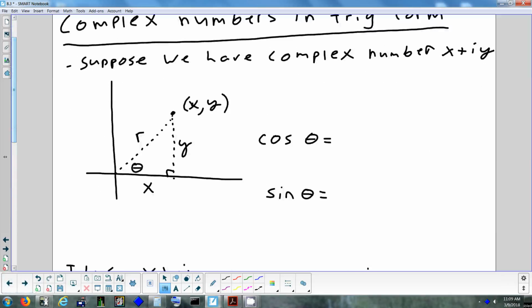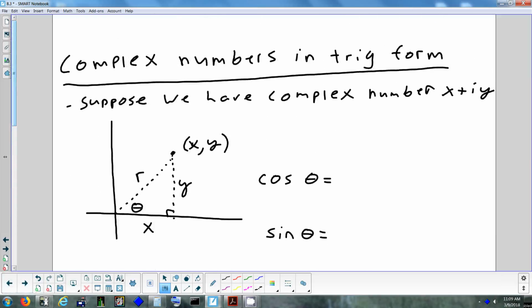All right, so in trig form, you don't have a real number plus or minus i and then an imaginary number. What you have are two things. You have an r and a theta. That's the key to writing a number in trig form. What r is, it's the distance from your point that you graph to the origin.